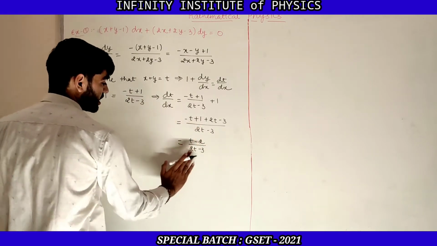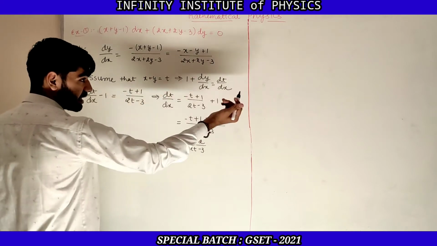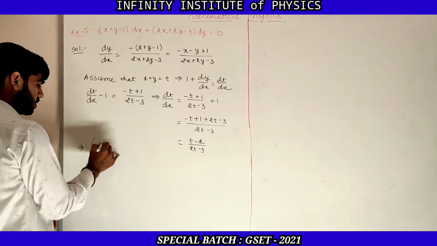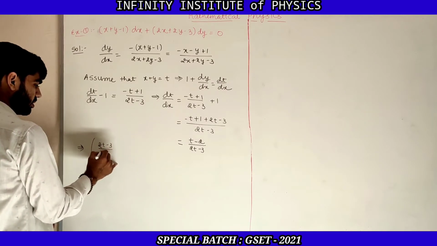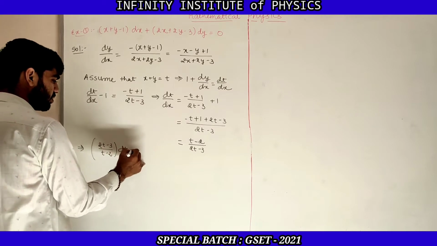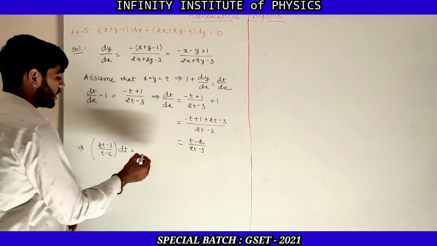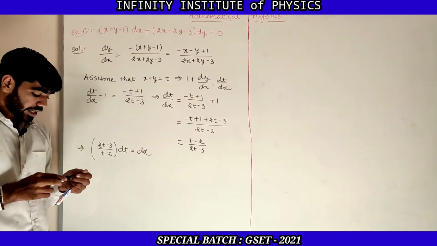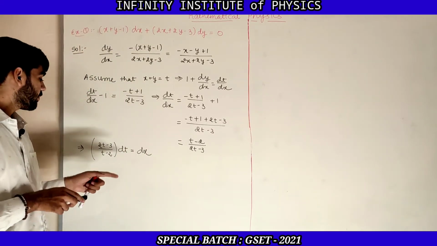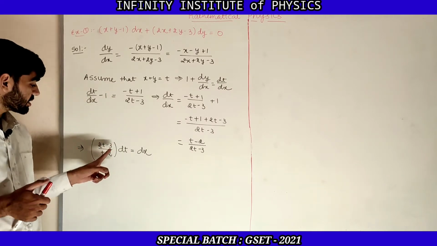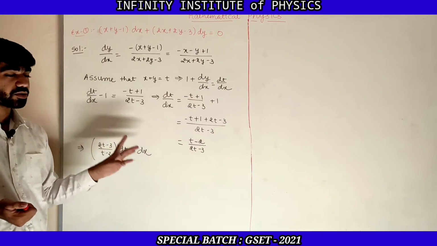So now let us take this term on the left hand side and dx on the right hand side. Then it will be (2t minus 3) upon (t minus 2) dt, which is equal to dx.